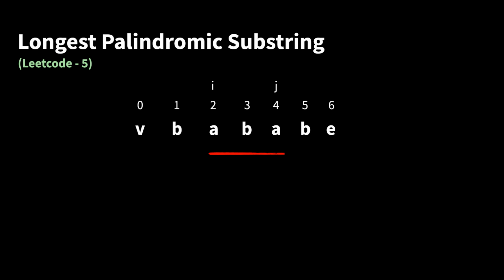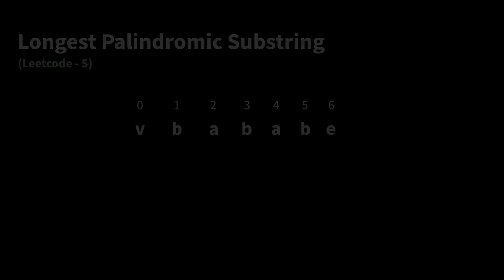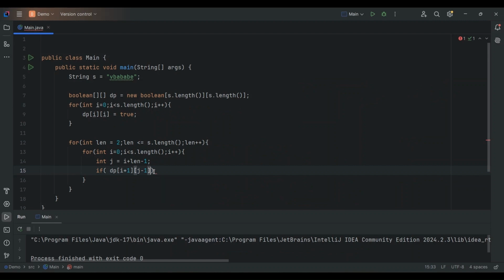But what is my starting and ending point for the inner substring? i plus 1, which is 3, and j minus 1, which is also 3, correct? And we have to check if it's true or not, correct? If this is true, that means my inner substring is a palindrome.